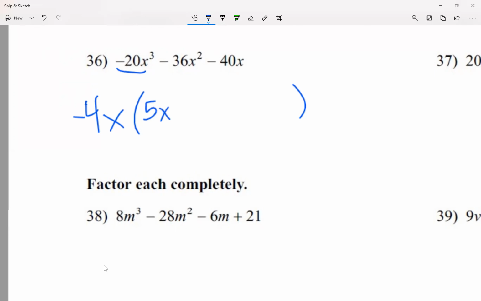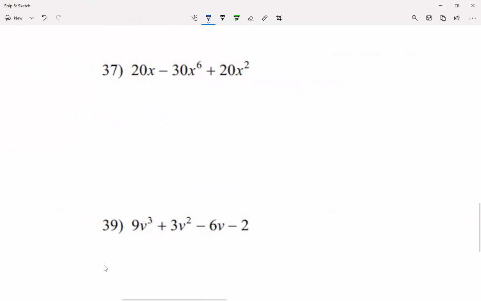Then x to the second. -36 divided by -4 is +9. And then I get x to the 1. -40 divided by -4 is a +10. And then I don't have an x anymore. To make this nicer, let me put my parentheses there.